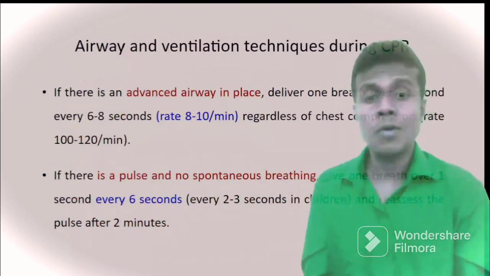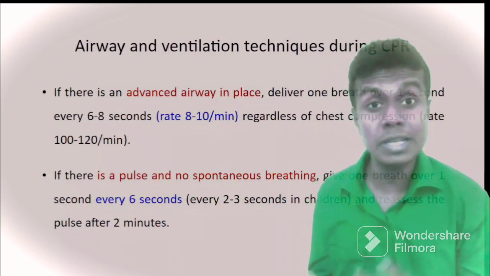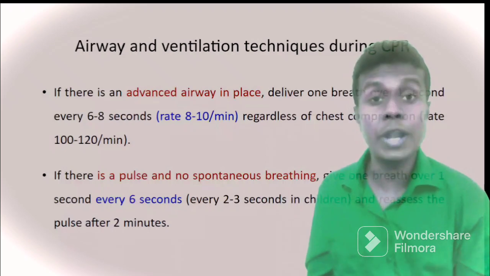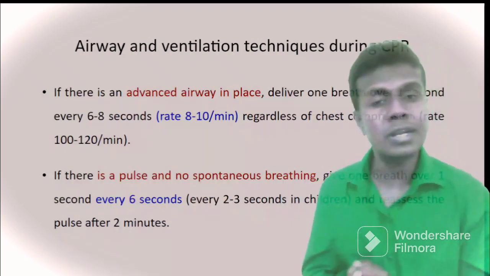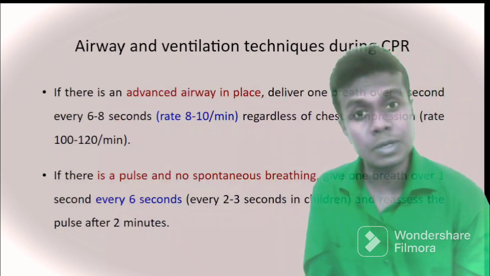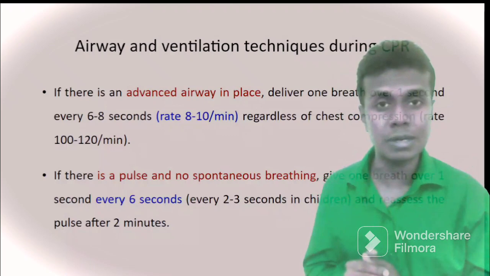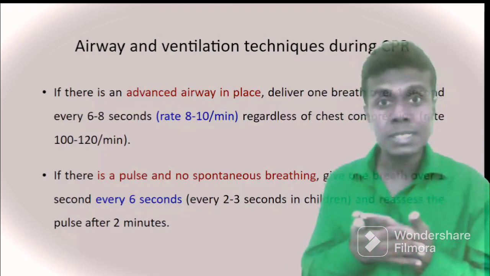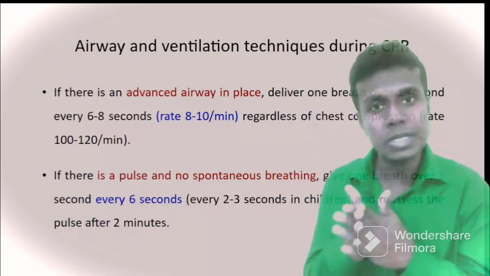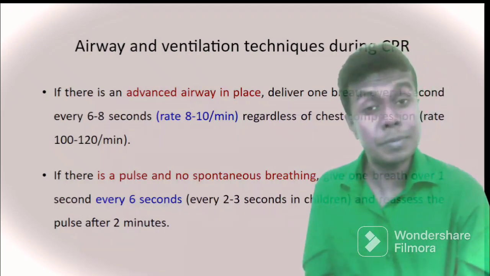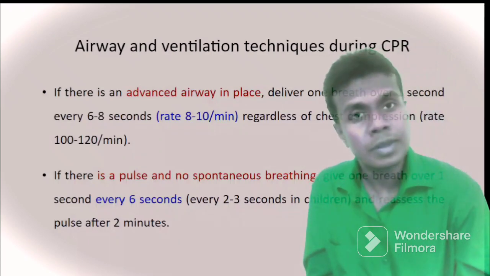If your patient has an advanced airway in place, advanced airway means LMA, laryngeal mask airway, or endotracheal intubation, you have to ventilate at a rate of 8 to 10 per minute, not more than that. If you do more and more, it will reduce the venous return. If you do less, it will improve the oxygenation. So you have to do 8 to 10 breaths per minute and chest compression 100 to 120 per minute.